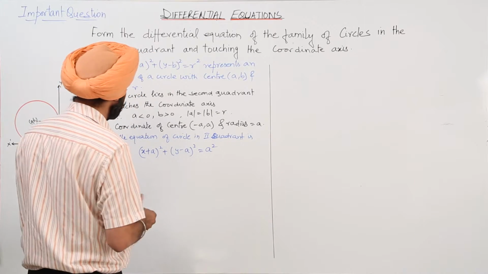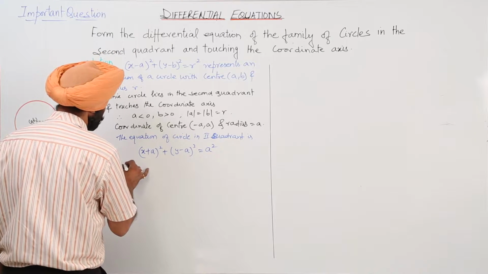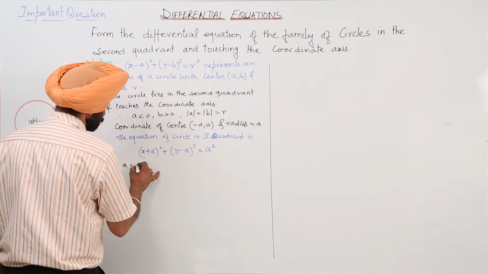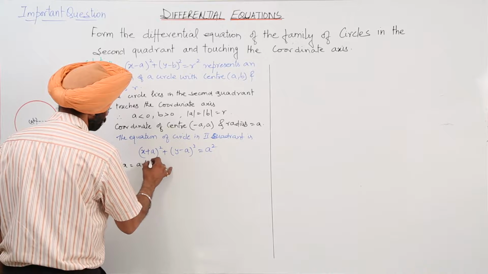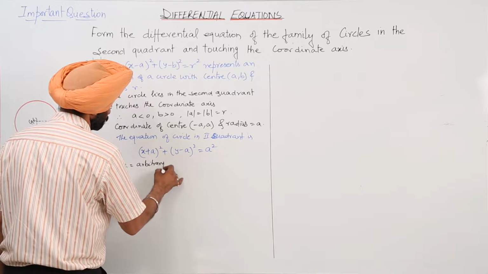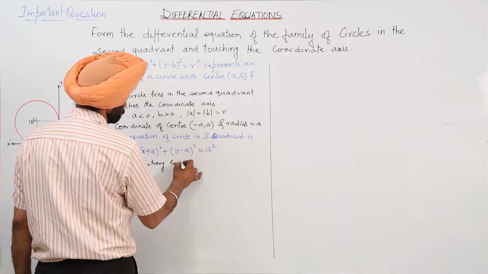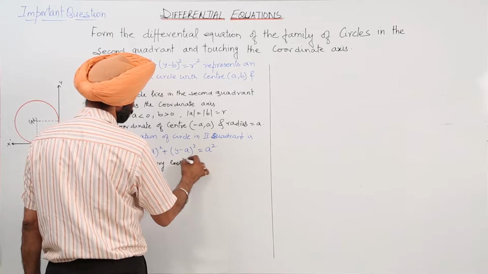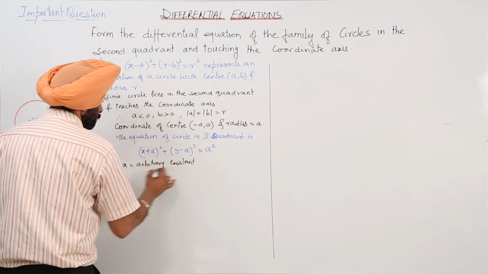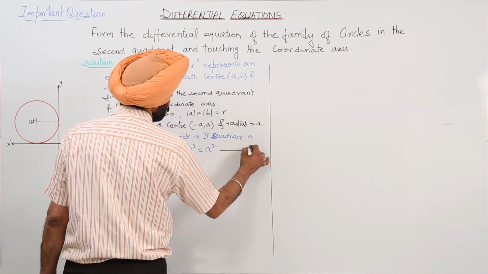Now, a is an arbitrary constant. Now, let this be equation 1.